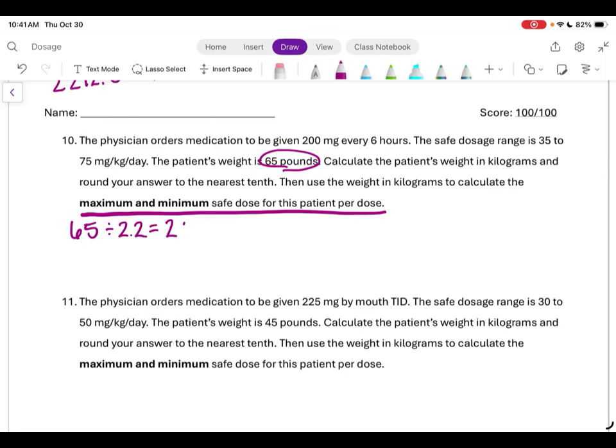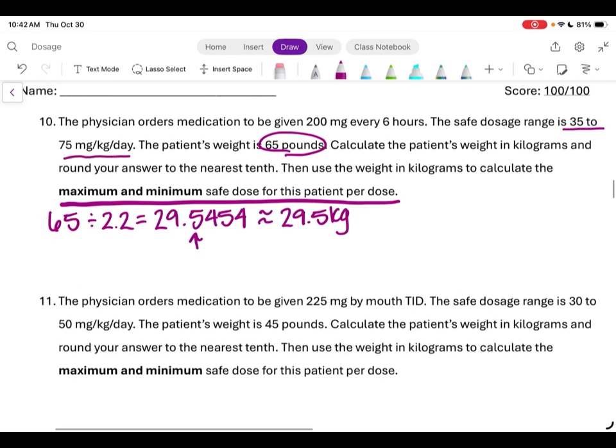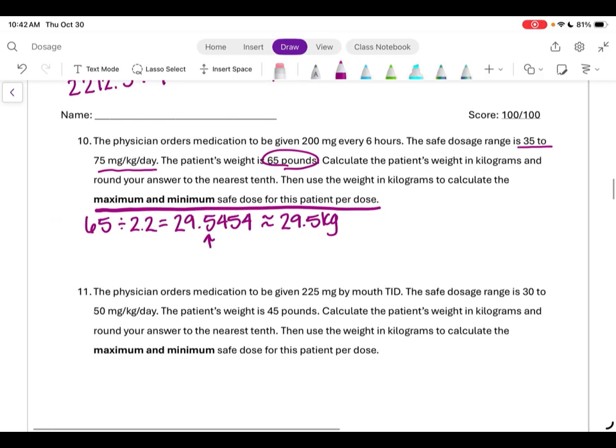So I got 29.5454, right? So here's my 10th place. So when I round to my nearest 10th, it'll just be 29.5 kilos. Okay. Here's my range again. So 35 times 29.5.